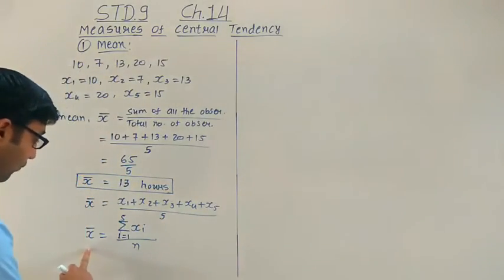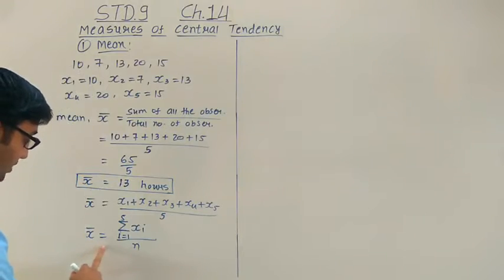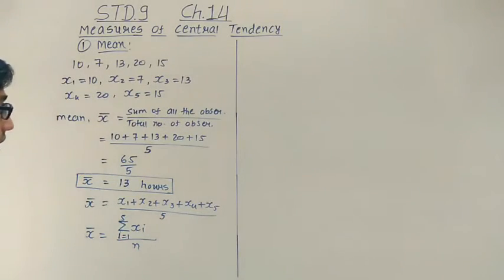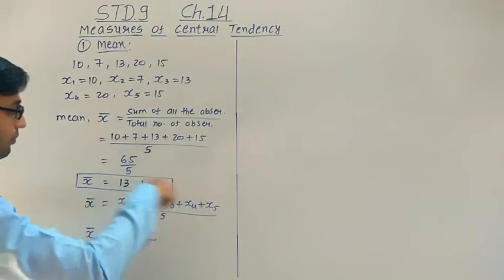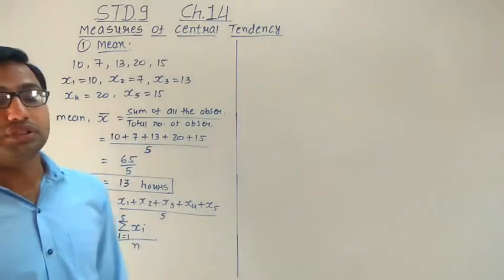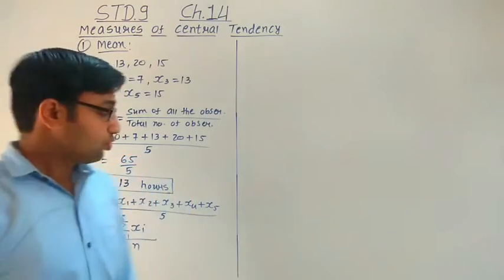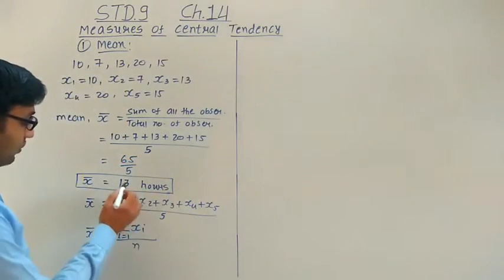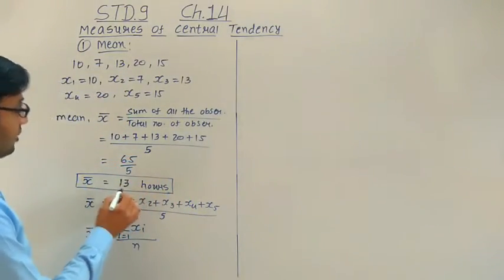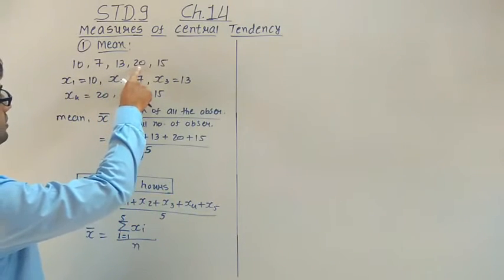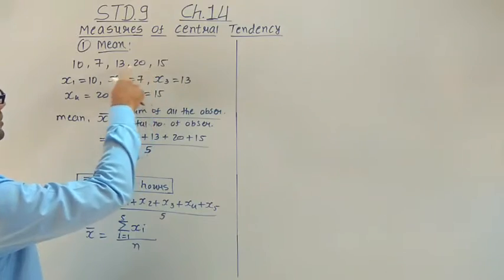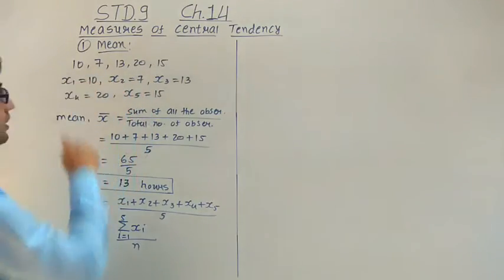Okay, so this is the formula of the mean, that is x bar is equal to sigma xi upon n, the sum of all the observations upon the total number of observations, right? By observing this data, we can say that some of the values are more than 30, that is 20 and 15, and some are less, that is 7 and 10.